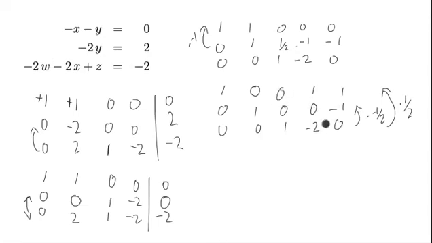And then -2 times 1/2 would be -1, plus 1 would make it a 0, and that doesn't change anything. So it looks like that's a pivot, and that's as far as we can go.